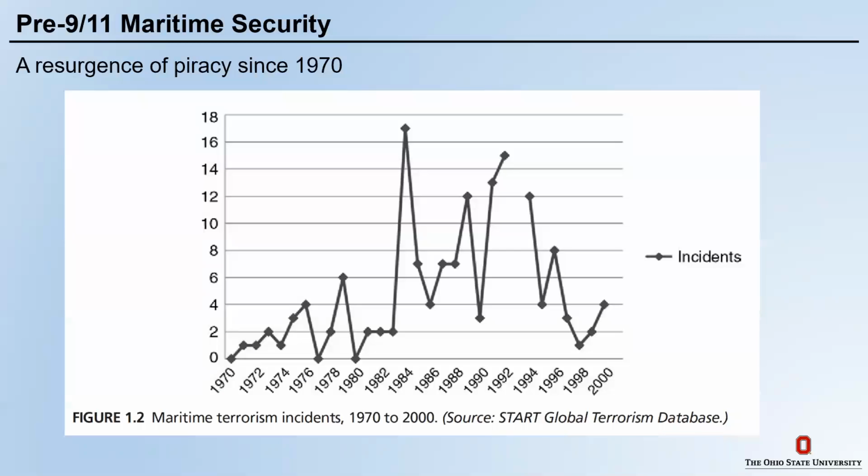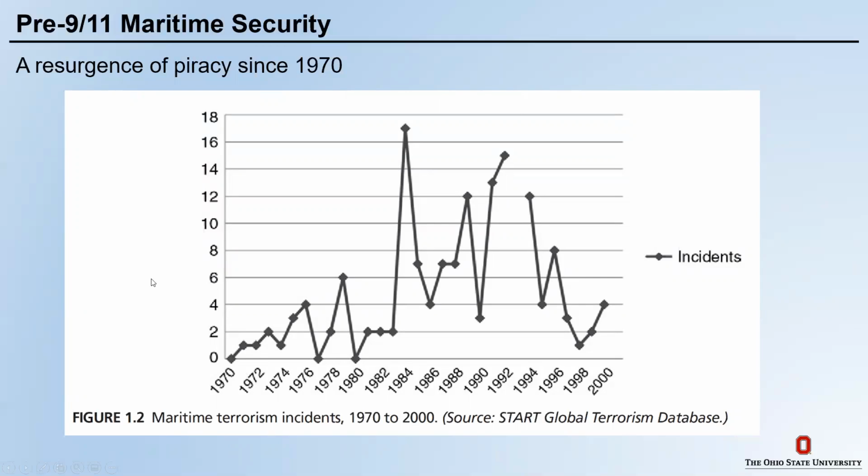So strangely, there was a resurgence of piracy since 1970. Here is a graph showing you the frequency of maritime incidents, which you can consider in general as piracy, from 1970 to 2000.